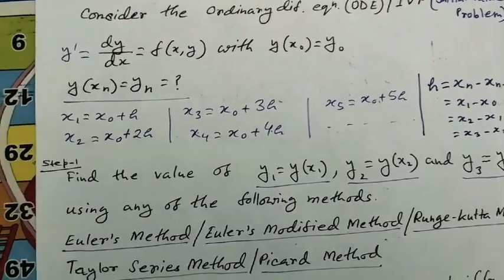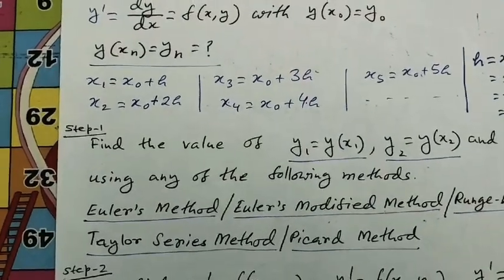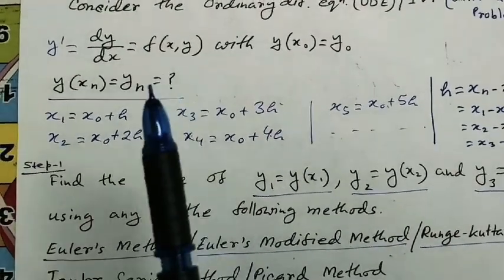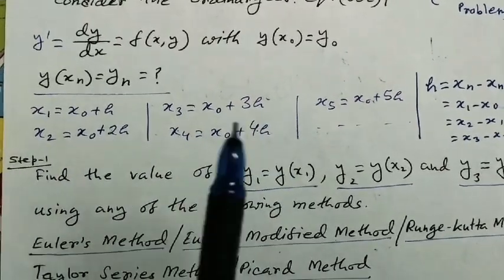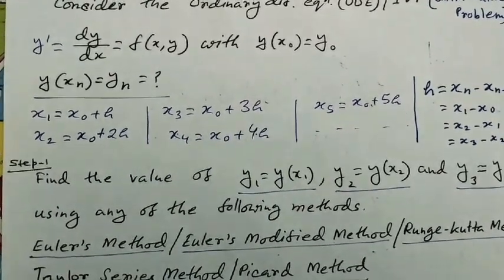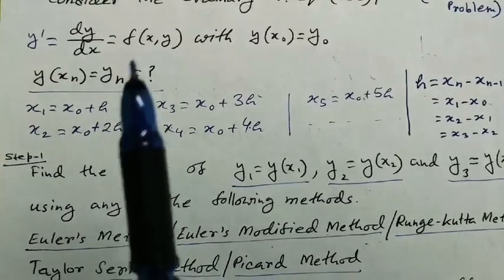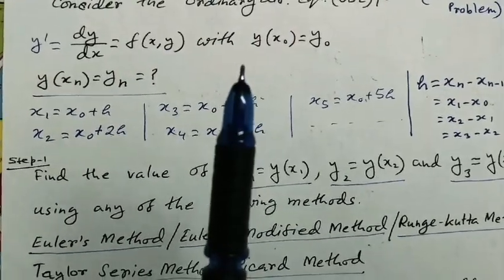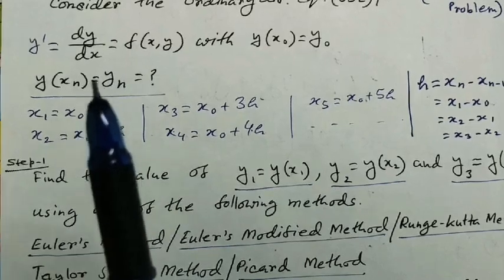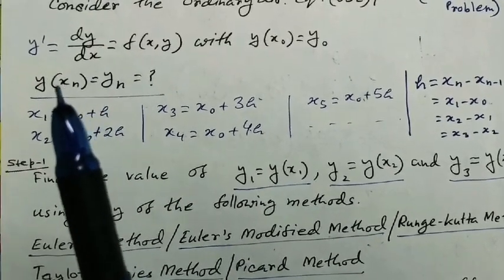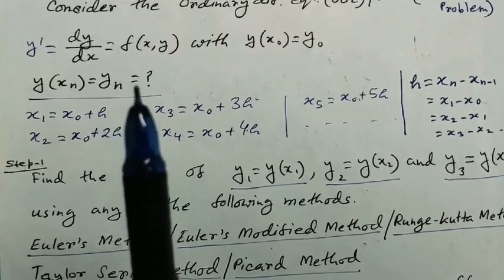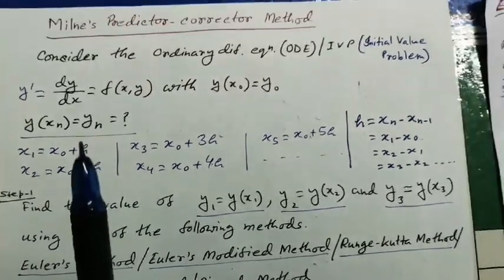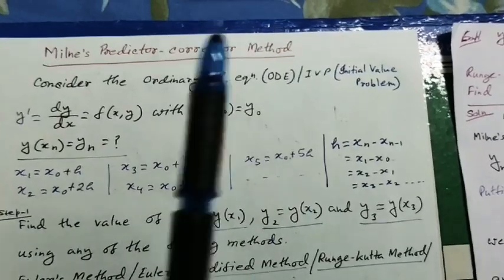Another thing: to reach this yn, we first find x1, x2, x3, x4. After that, we have to find the values of y1, y2, y3, y4. By this way we can get the value of y4, that means n equals 4.